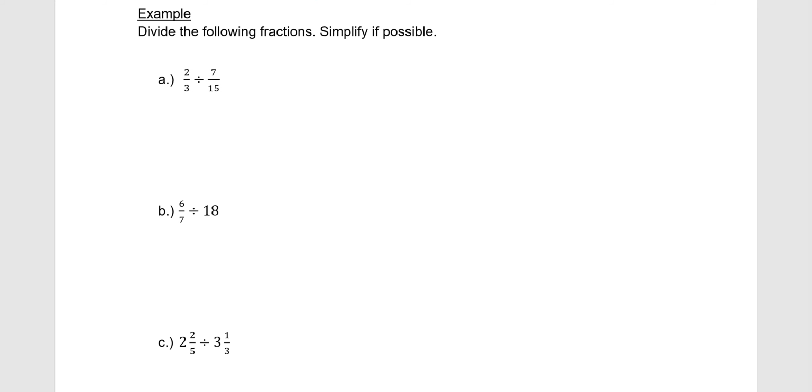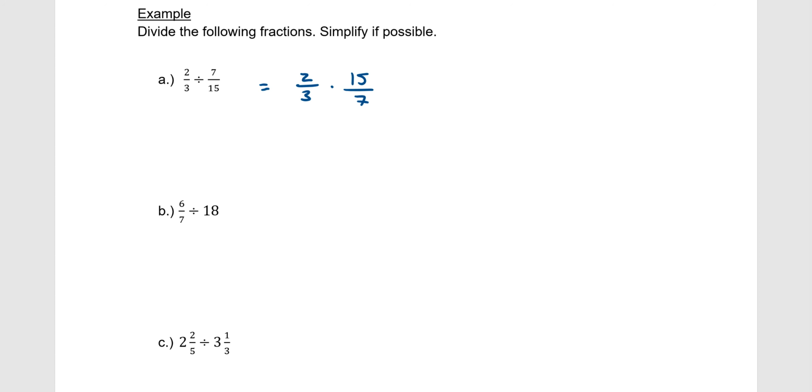So first one, we have 2/3 divided by 7 over 15. As soon as you see division, we should keep the first one the same, change to multiplication, and flip the second one. So instead of 7 over 15, it's 15 over 7. And now we just multiply this just like we did.